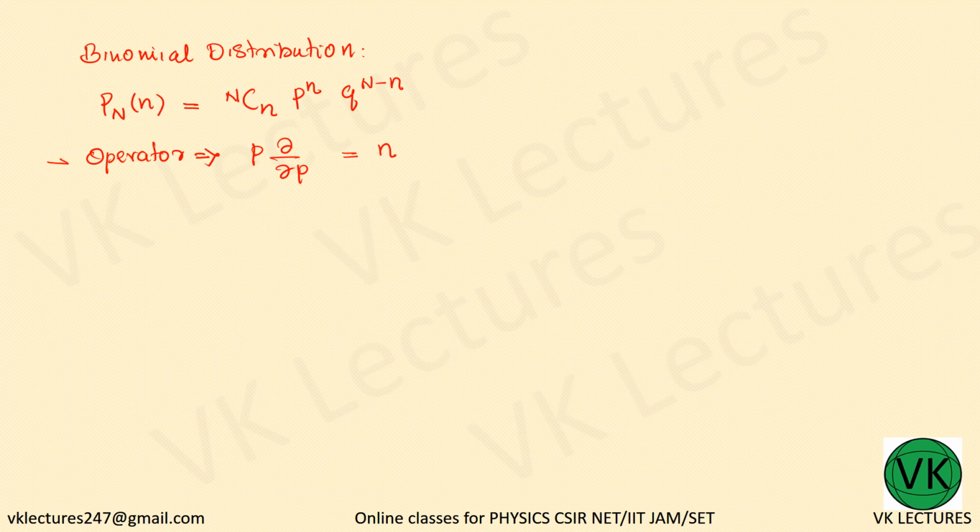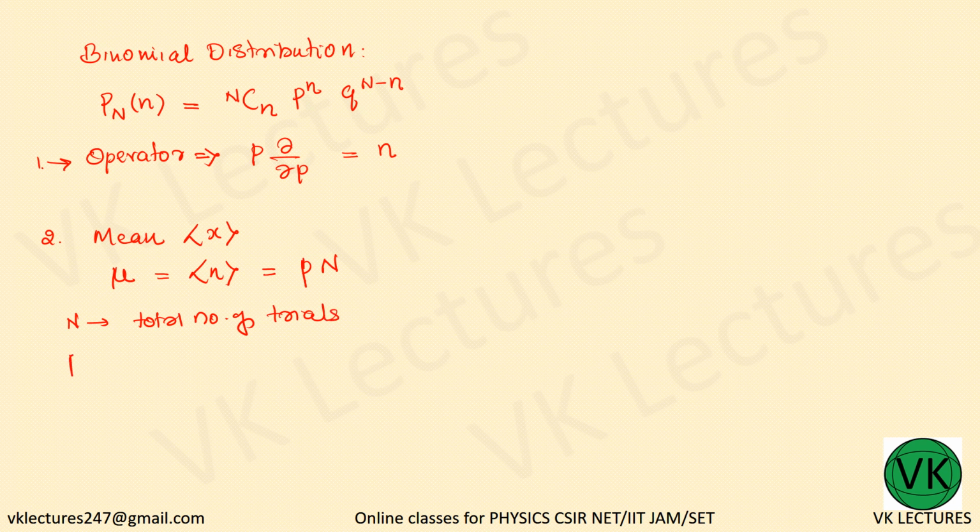The second one is the mean of the favorable outcomes, which you represent by x bar or mu, is equal to n p, where n is the total number of trials and p is the favorable probability.